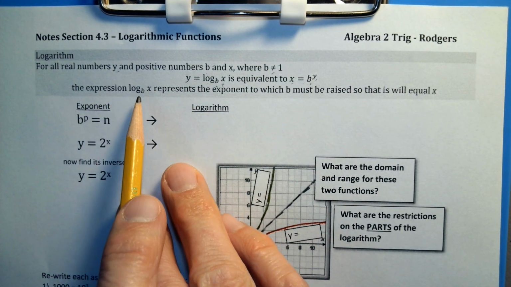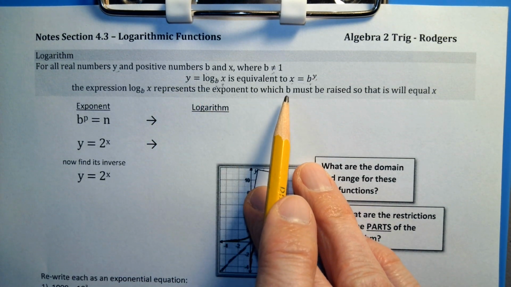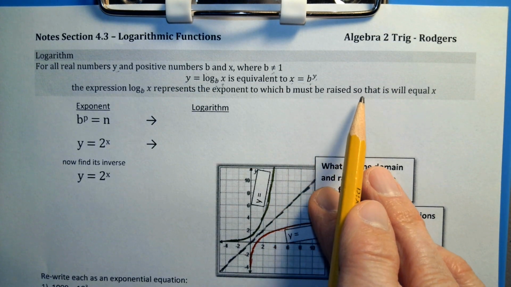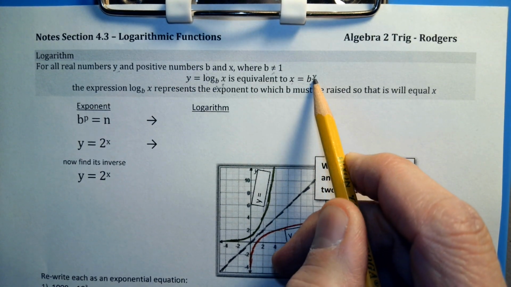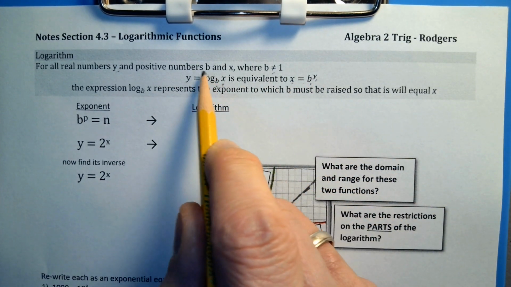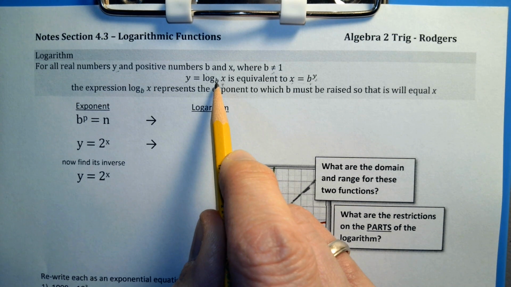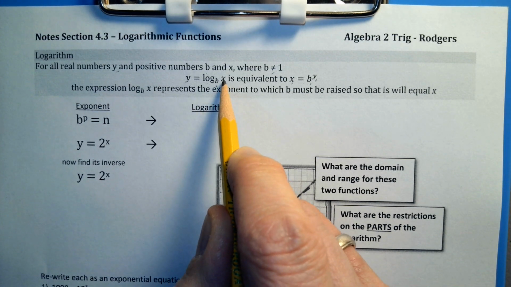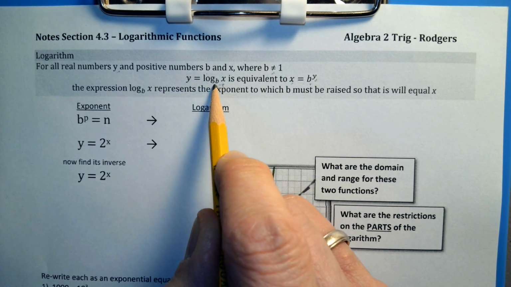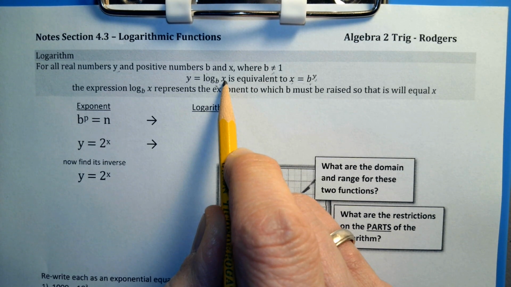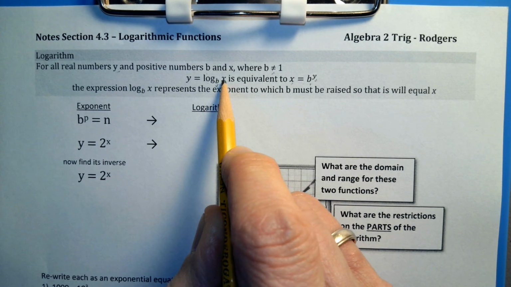So the expression log base b of x represents the exponent to which b must be raised so that it will equal x. So b raised to some value equals x. This whole logarithm is equal to the value you have to raise the base to in order to make it equal to the argument.